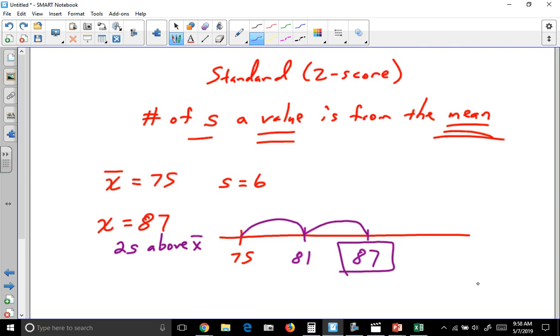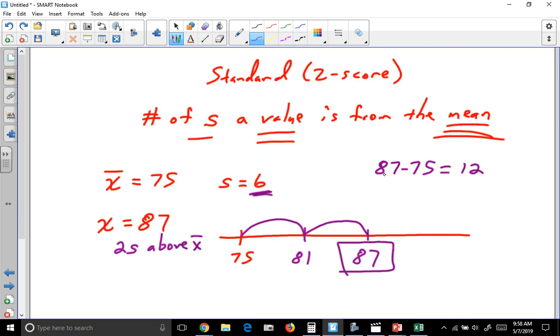Well, that one wasn't so bad because the distance from 87 to 75 was a multiple of 6. We just did that visually, but we took how far 87 is from 75, and then we said, okay, that's 12 units away.